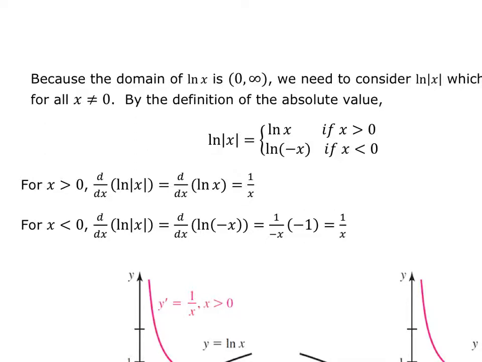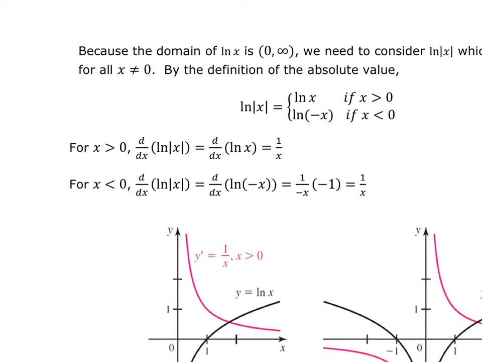So when I have x greater than 0, I get this first one. When x is greater than 0, the derivative is just 1 over x. When x is less than 0, it is still just 1 over x. So what we get from this is that the natural log of x, the derivative of that is just 1 over x.